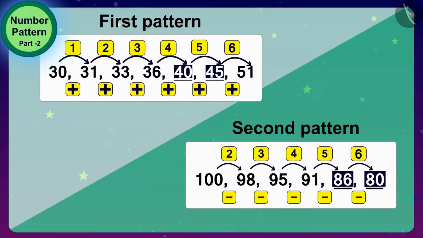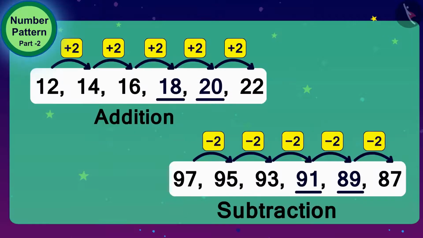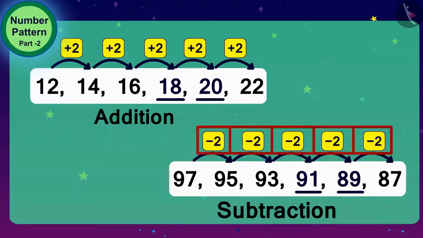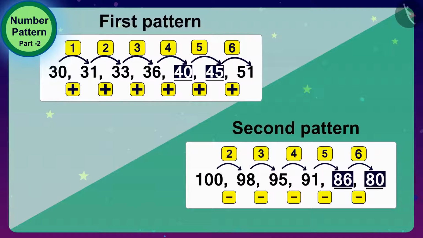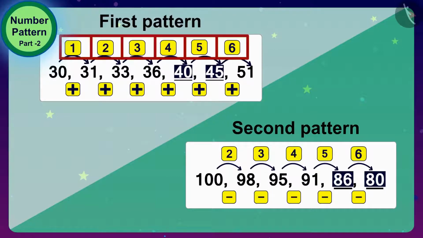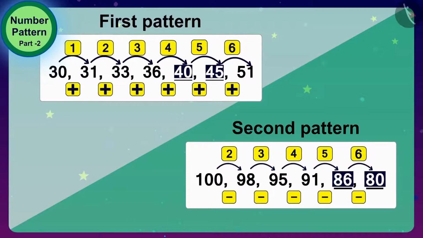If you look at these number patterns carefully and see the number patterns learned in the previous video, you will find that the number being added or subtracted in the number pattern of the previous video was always the same, while the numbers we saw in this video are different. The numbers to be added or subtracted each time.